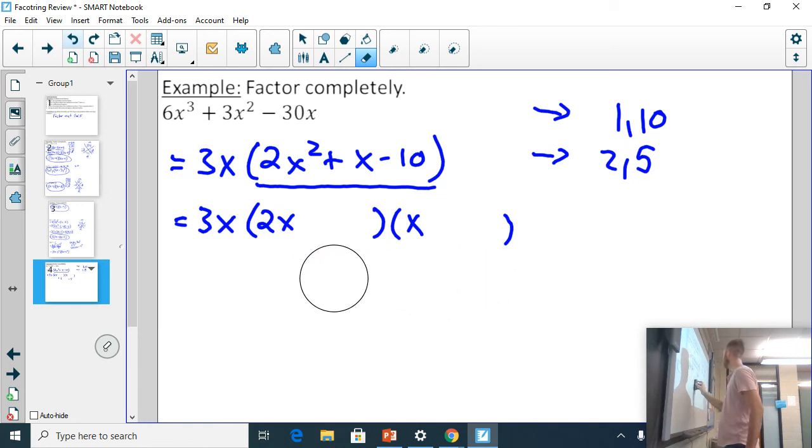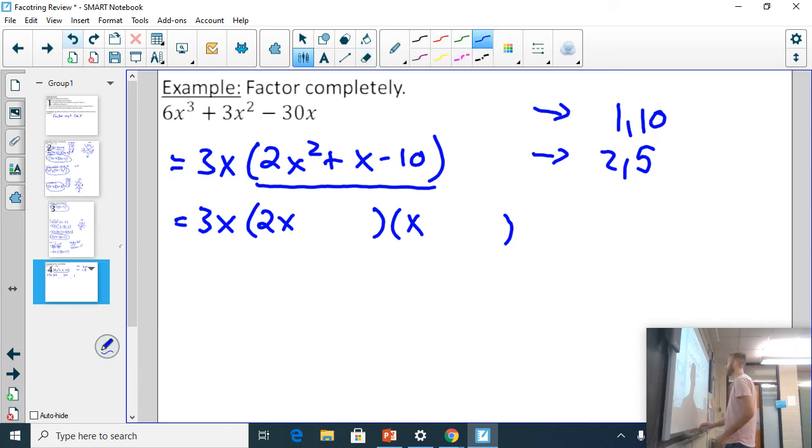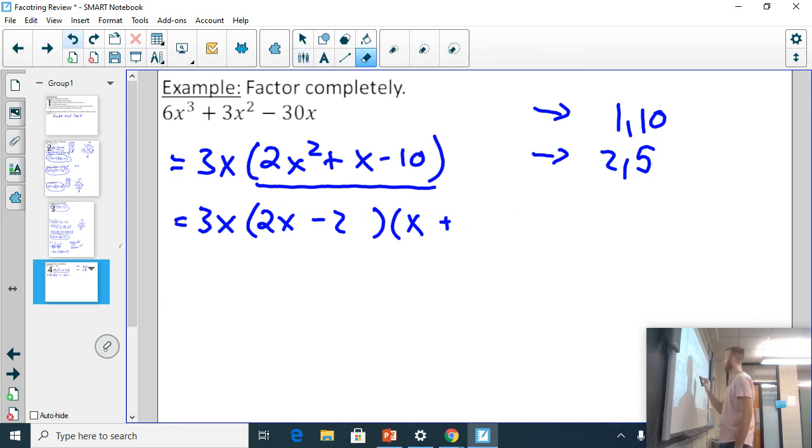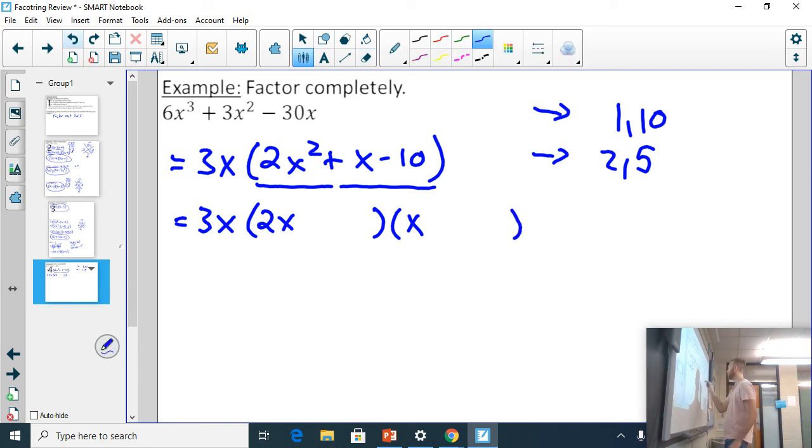Oh, well, let me try switching these around, right? What if I did plus 5 here and minus 2 here? Does that work? I don't get 10x minus 2x. No, that doesn't work, right? So we have to keep going. That doesn't work. Oh, look at this.